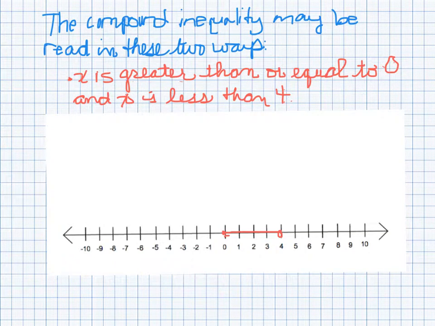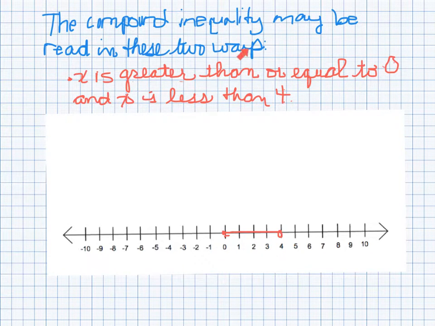You would verbally read the compound inequality in one of two ways: x is greater than or equal to 0, and x is less than 4. And then here is the graph. So x is greater than or equal to 0 but less than 4 is what this demonstrates.